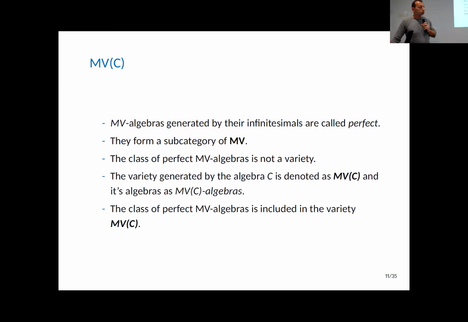And we will use the definition of MVC as the variety generated by an algebra C, and the class of perfect MV algebras will, of course, be included in the variety MVC.